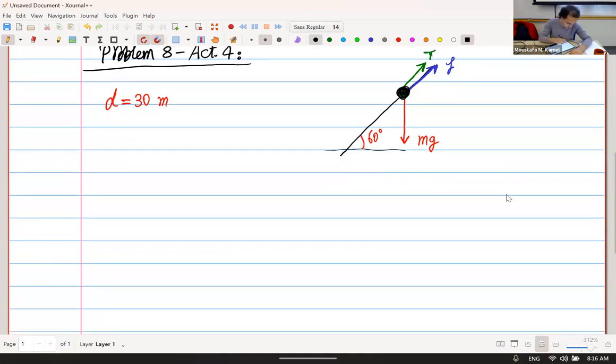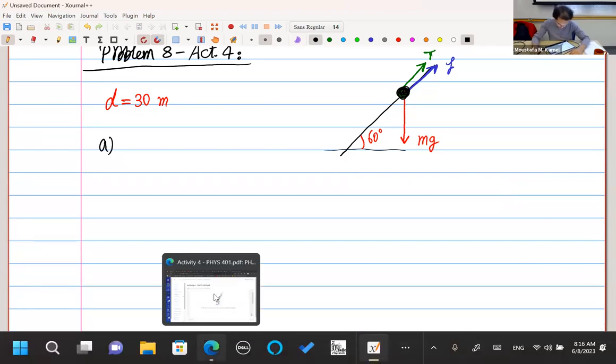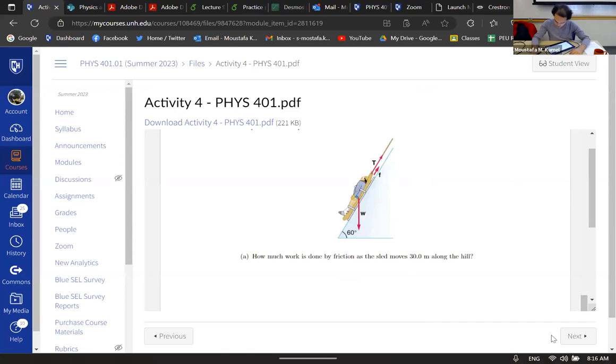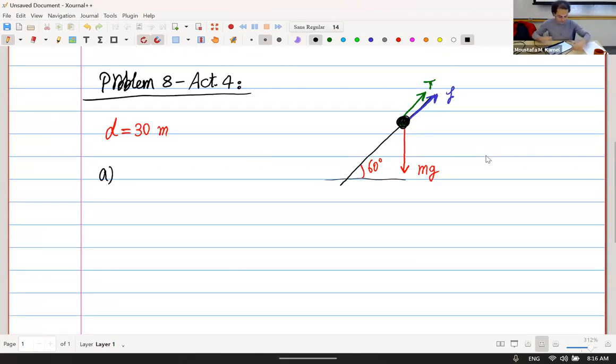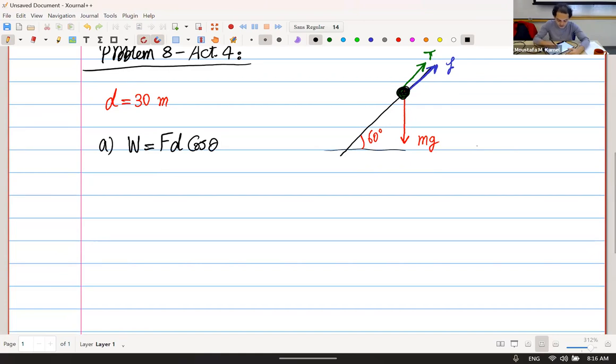So first question, how much work is done by friction? Okay, so as always, we start with the formula. Work is F times D cosine theta. Theta here is not the 60-degree angle. Theta here is the angle between the force and displacement.